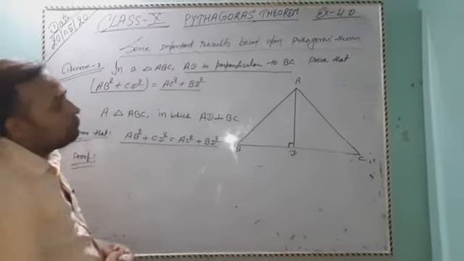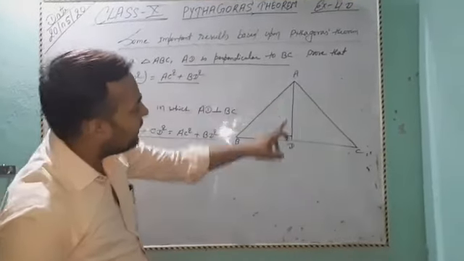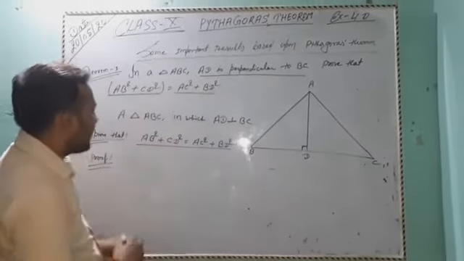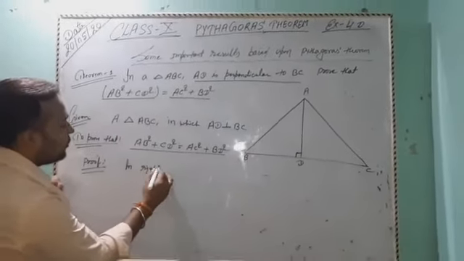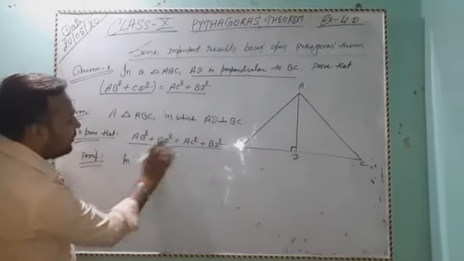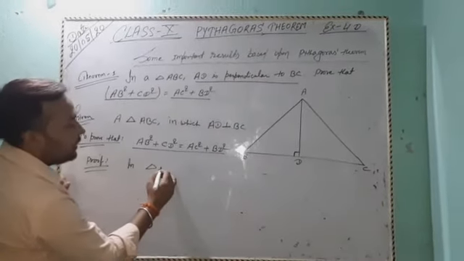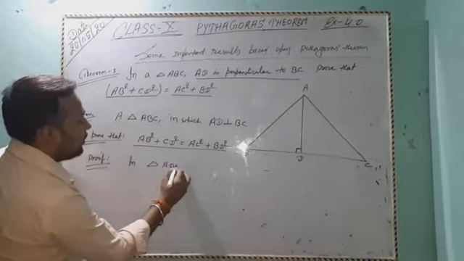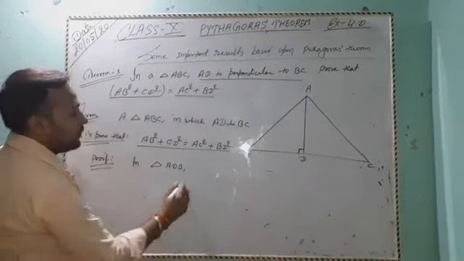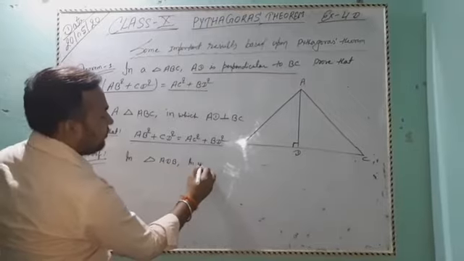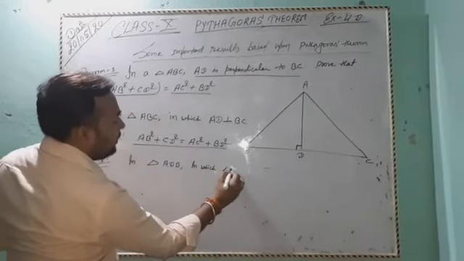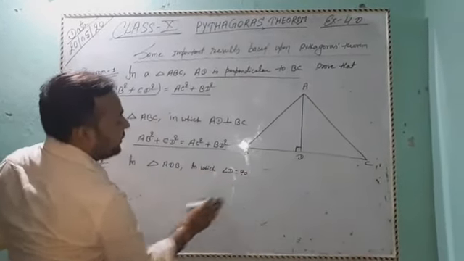First of all, students, in right triangle ADB, in which angle D equal to 90 degree.